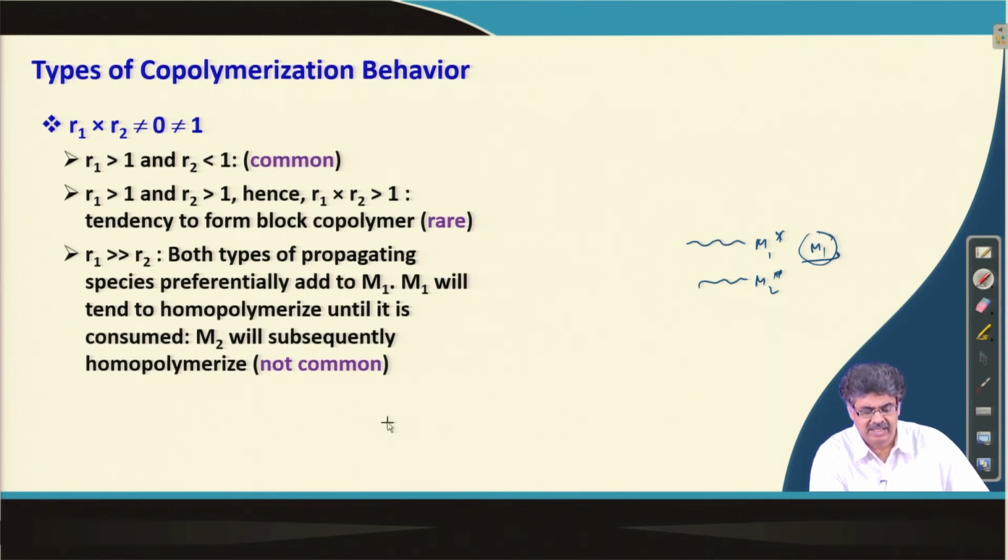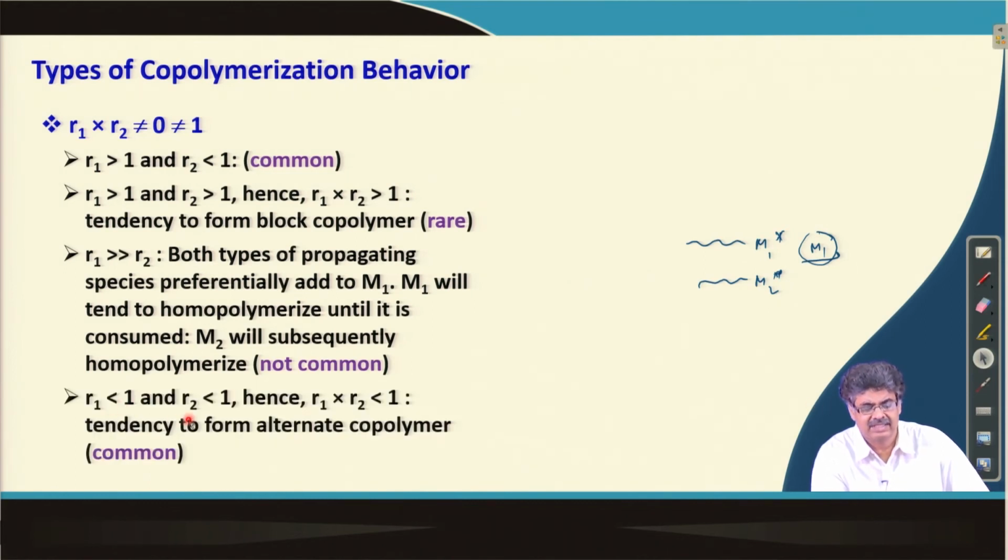common scenario. Another common scenario is where both are less than 1, which means of course their multiplication will also produce less than 1, and in this case both have a tendency, because R1, that means M1 star, has more tendency to react with M2. Similarly, M2 star has more tendency to react with M1, that means the tendency of alternate copolymer is more.